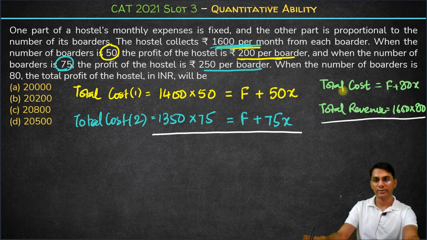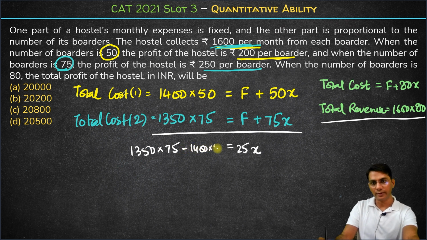So let's do one thing. Let's try to figure out the value of F and X over here. Let's subtract these two equations. So subtracting first from the second, F minus F is 0, 75x minus 50x is 5x, which is equal to 1350 into 75, this should be 25, sorry, minus 1400 into 50.